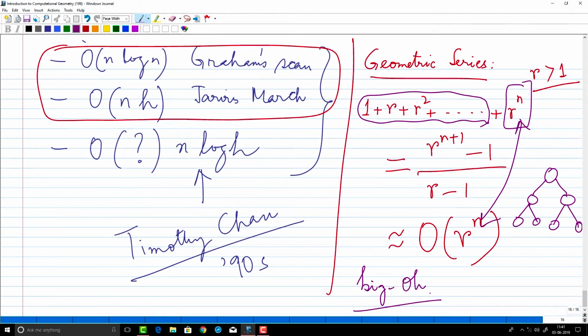Okay. So, big O is something like this. Let me tell you very simply. If I have a function f n, I would say that it is big O of g n if there exist positive constants.